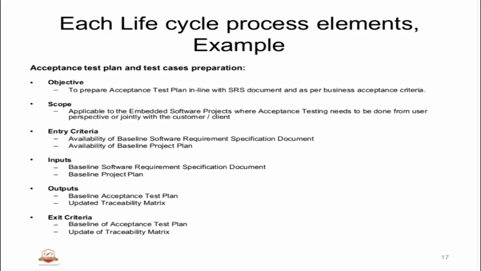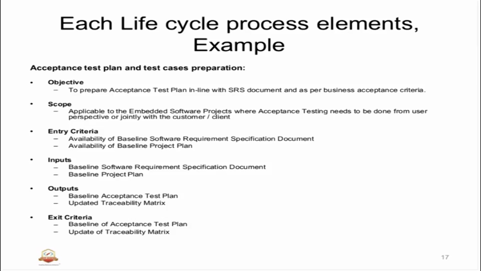The scope is only for the customer or along with the client. Entry criteria tells that we need a baseline software requirement specification with the help of which we will satisfy the objective, and availability of the plan. The plan will have all the tools, environment, and the schedule identified with the pointers.